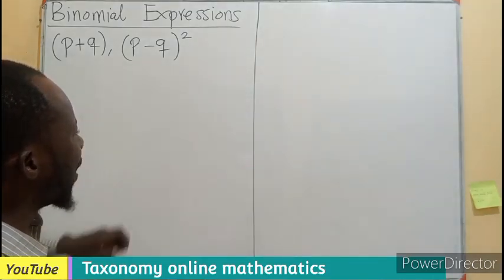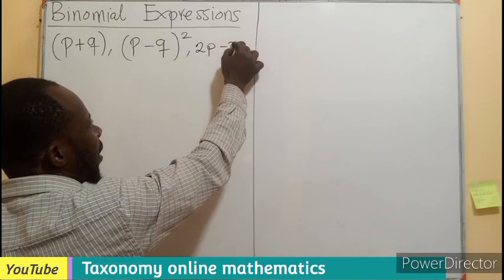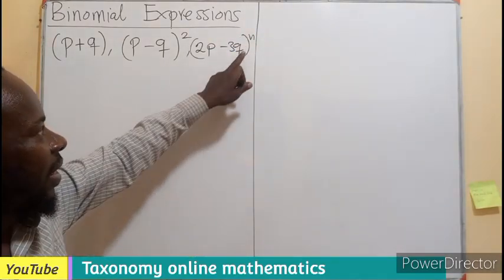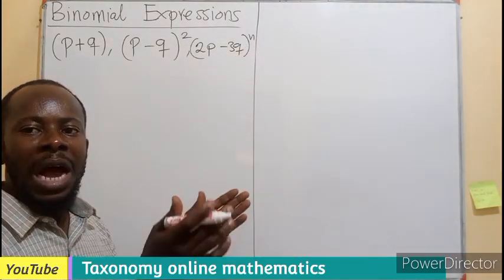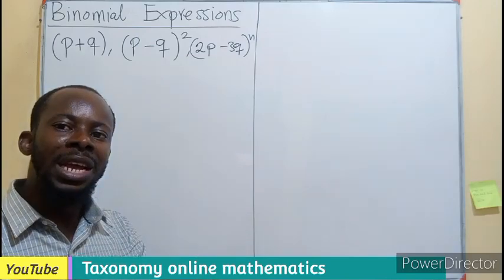When I mean two terms, we can still have 2p minus 3q to the exponent n, where in this case n stands for our natural numbers or whole numbers starting from 0 increasing.